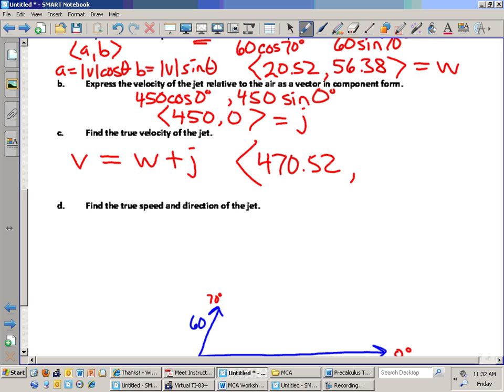And then to find the vertical component, I would add 56.38 to 0. I get 56.38. So that represents the velocity. And the reason we like that is velocity has magnitude and it has direction. And vectors like this, they have magnitude and direction. We could plot that and see where that is.